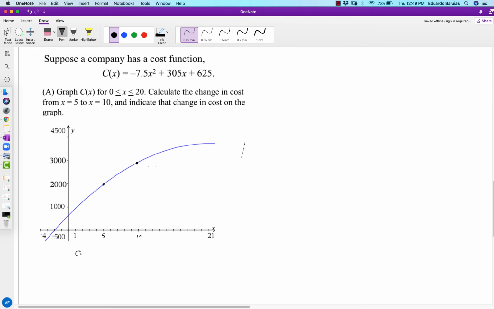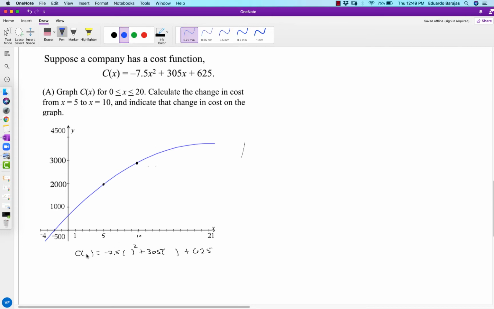So C of 10 will be, we can use this equation here to figure it out. Negative 7.5 times 10 squared plus 305 times 10, plus 625. And just to put them in color, let's put them in blue.